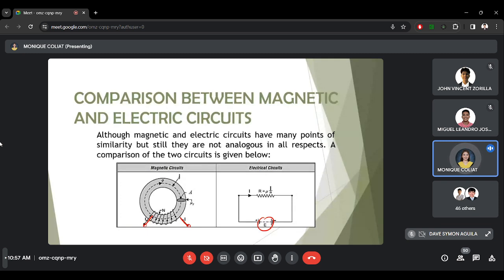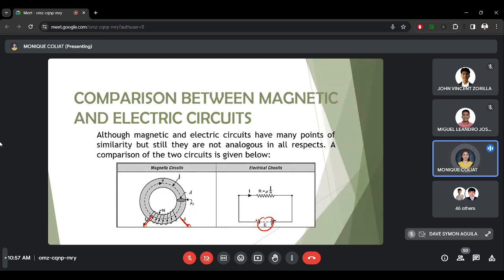Next is the comparison between the magnetic and electric circuits. Although magnetic and electric circuits have many points of similarity, they are not analogous in all aspects. A comparison of the two circuits is given below.